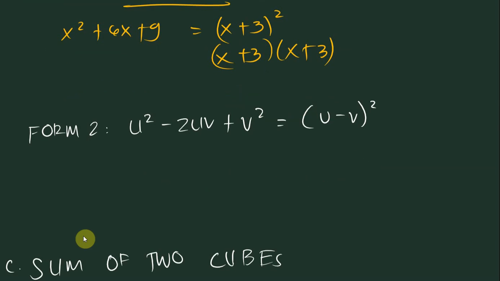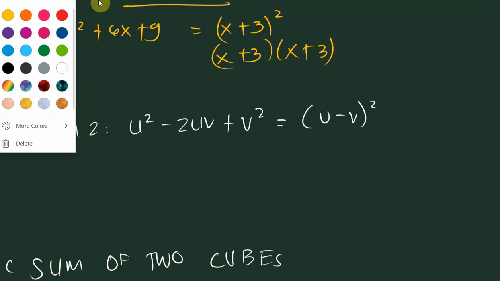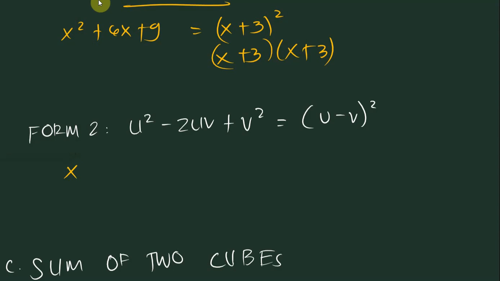For this second form, we have u squared minus 2uv plus v squared equal to u minus v squared. It's the same thing, just the minus sign is the difference. So let's give an example. Let's say we have the same pattern here: x squared minus 6x plus 9. The difference here is this minus 6x.